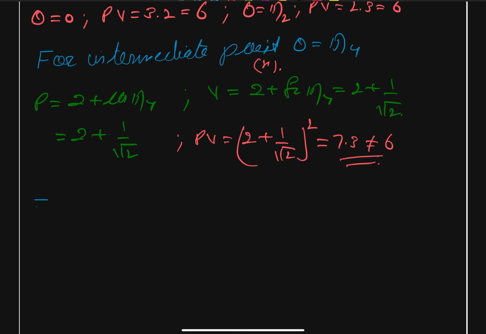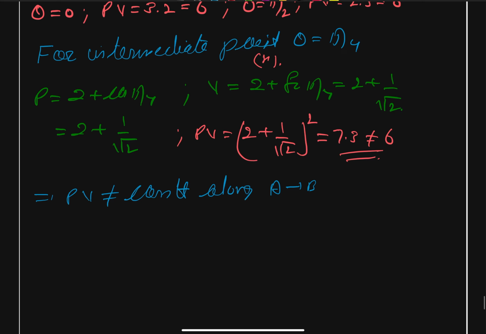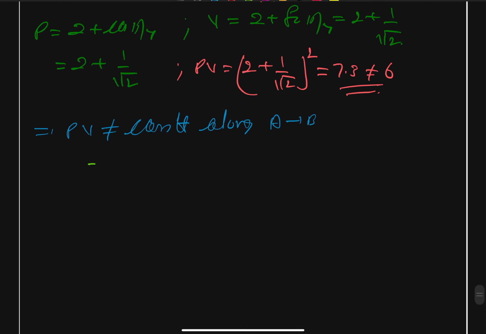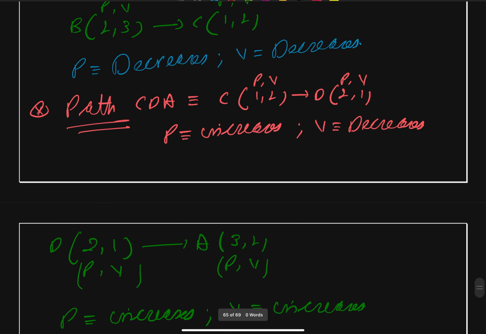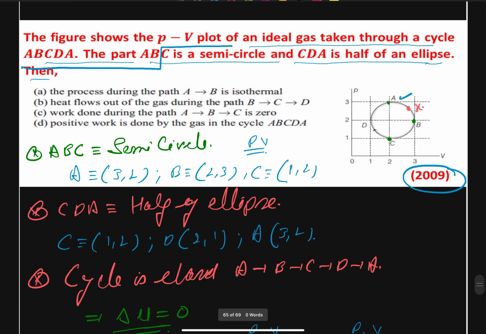Therefore we can say that PV is not constant along A to B, therefore not isothermal. From the start it looks like it might be isothermal, but it is not an isothermal process.